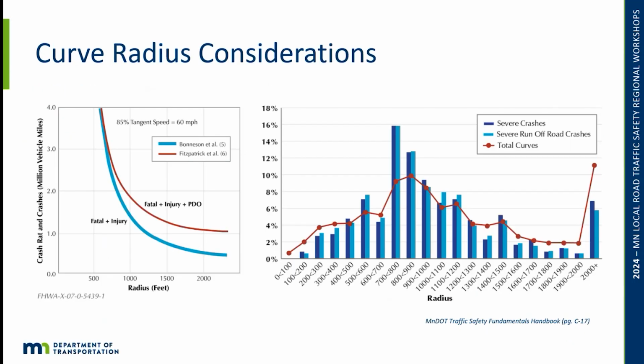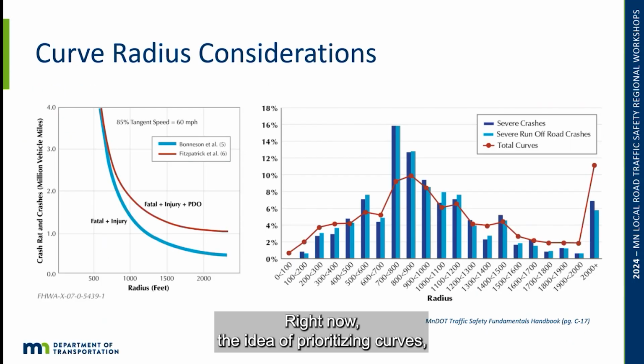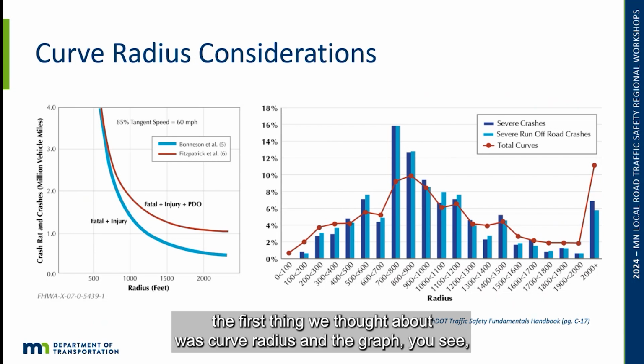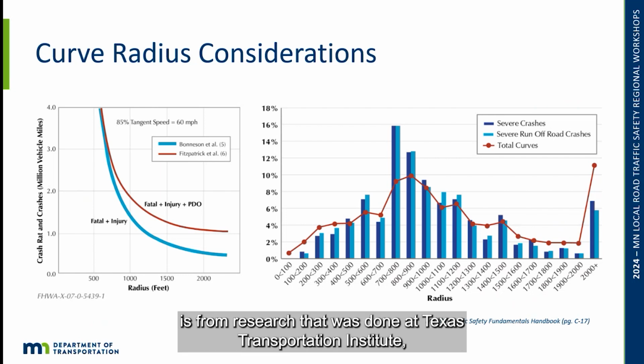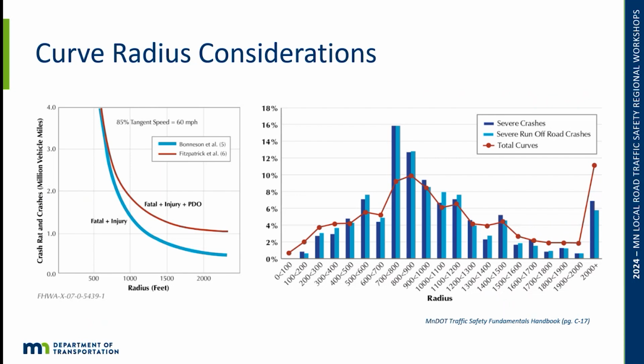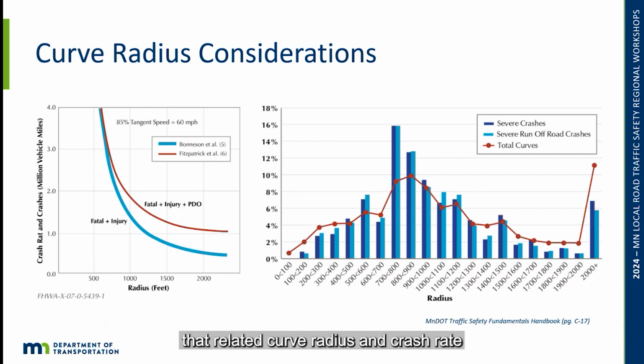Right now, the idea of prioritizing curves, the first thing we thought about was curve radius, and the graph you see on the left side of this slide is from research that was done at Texas Transportation Institute that related curve radius and crash rate.